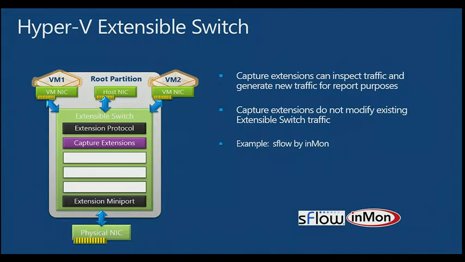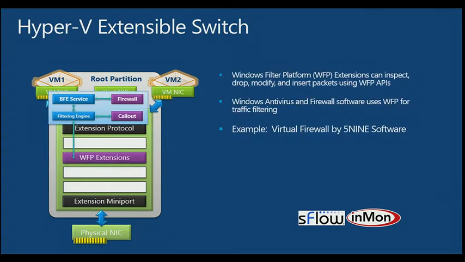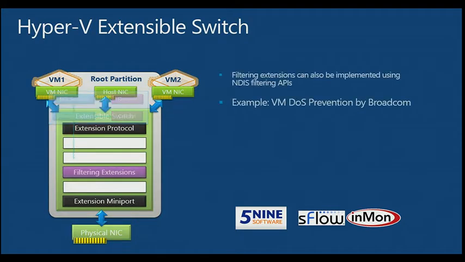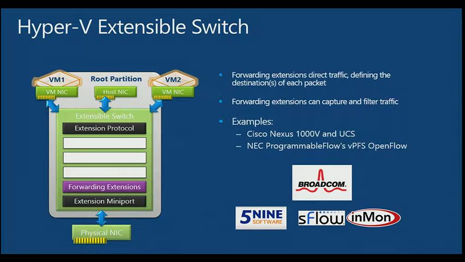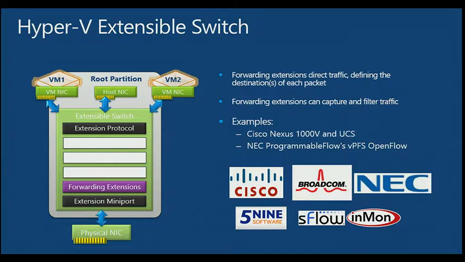We've added capture extensions to allow you to inspect traffic. We've added WFP extensions that allow you to modify traffic as it goes through. We've added filtering extensions, which are basically the same as the WFP ones, but written differently. I've also written forwarding extensions. So if you want to replace the forwarding logic of the Hyper-V switch altogether, you can do that with Windows Server 2012.